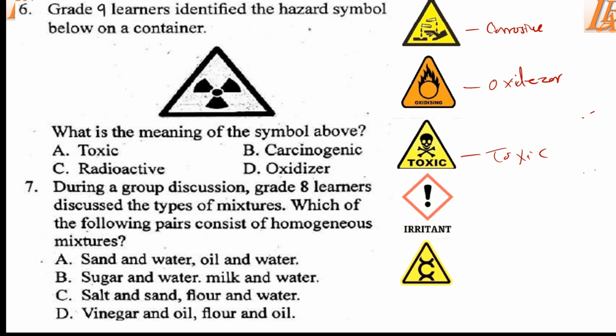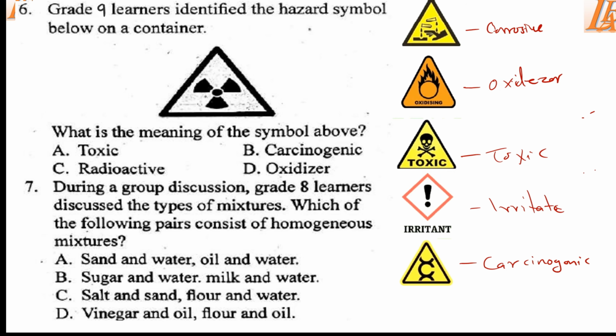This is for toxic, a substance that if you are in contact with it, it can harm you. Then this one indicates a substance which can irritate. And then the last one indicates a substance which is carcinogenic, a substance that can cause cancer.